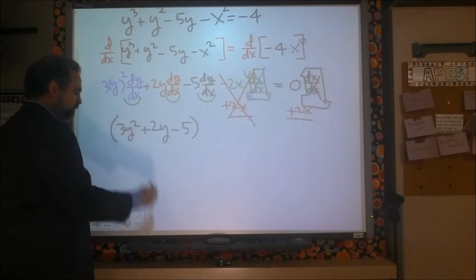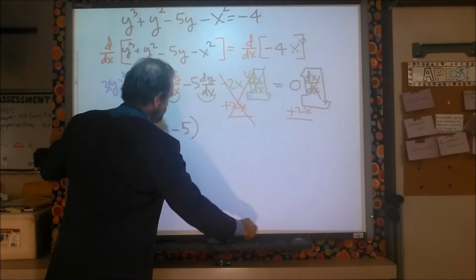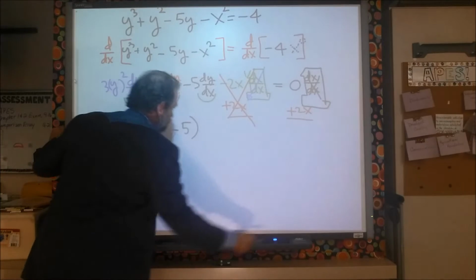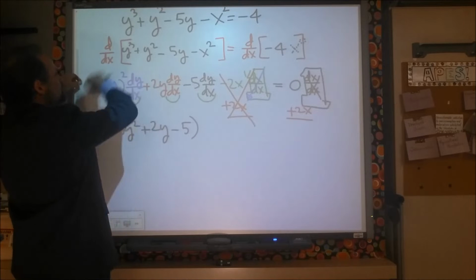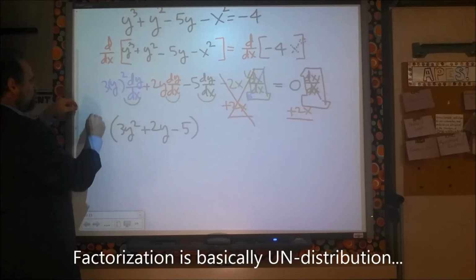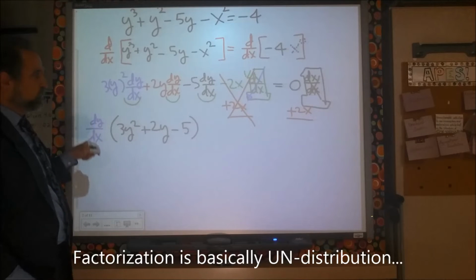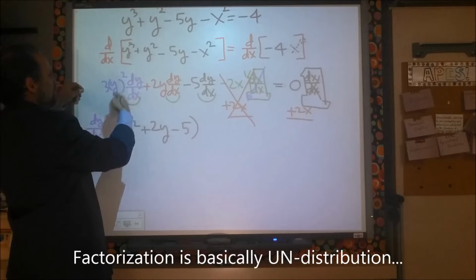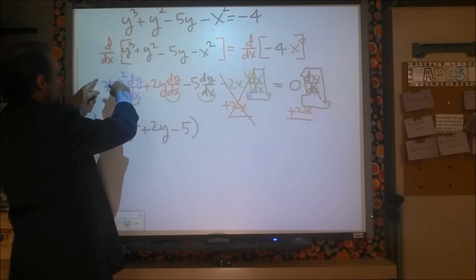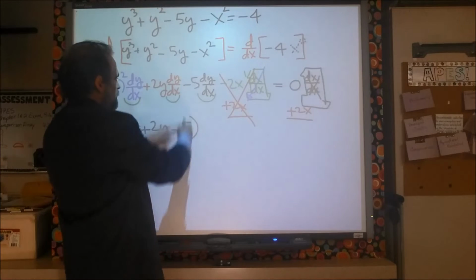So I'm going to put them all in parentheses, and then I'm going to multiply them by the common dy dx. So I undistributed dy dx out. That's really all I did. So instead of writing it in 2 lines, I'm going to do it in 1. Undistributed dy dx out, and when I did that, it divided itself off of everything and left only what was its coefficient inside.